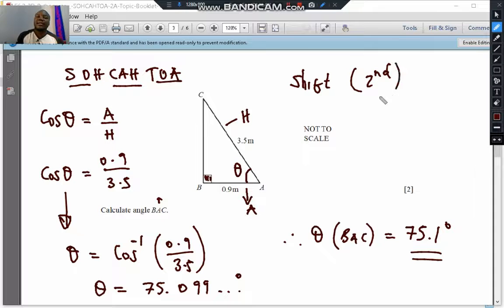Once you press that button, you go back to the trigonometric ratio. If it is sine, it will give you sine inverse. If it's cos, it will give you cos inverse of the same ratio that you've got there to get the angle. So it is very important that we get used to these questions.